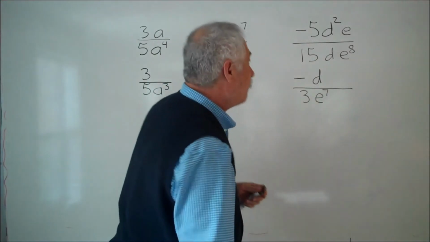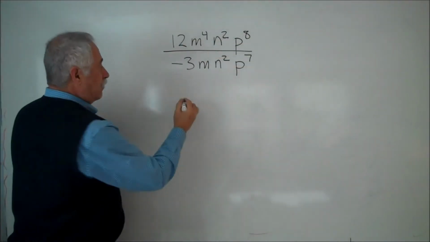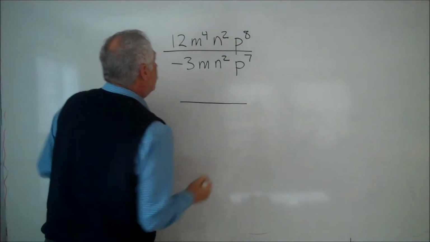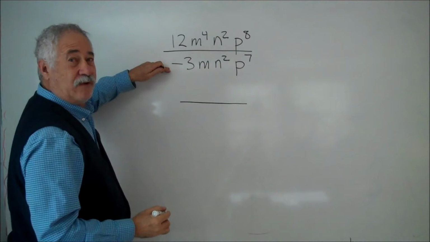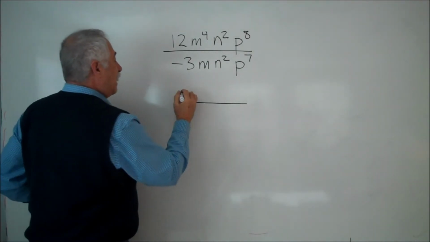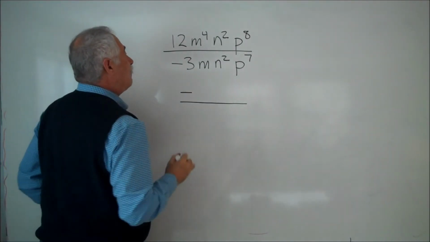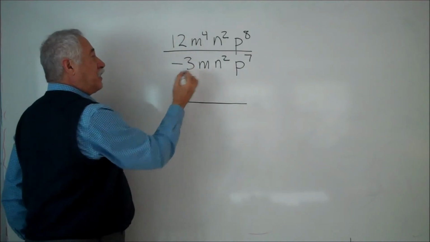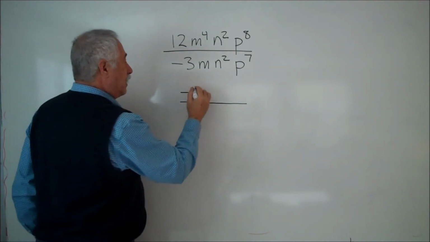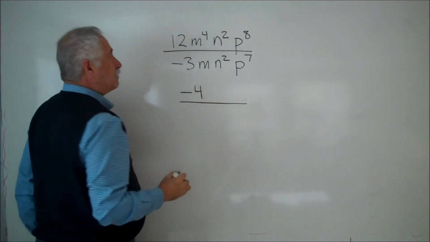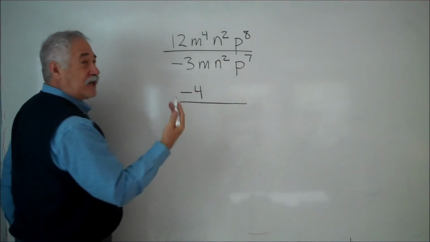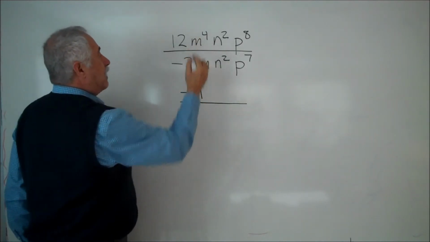A few more examples. Draw your fraction bar. Positive divided by negative is negative. Move the negative up to the numerator. 12 over 3 reduces to 4 in the numerator. Letters alphabetically. We have M's.